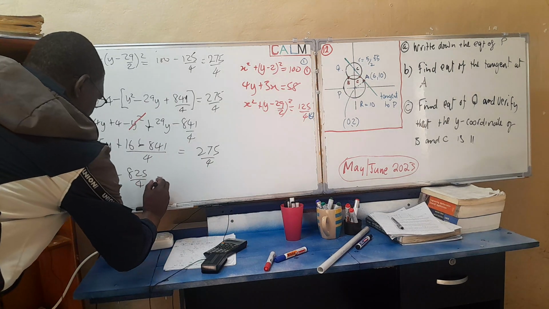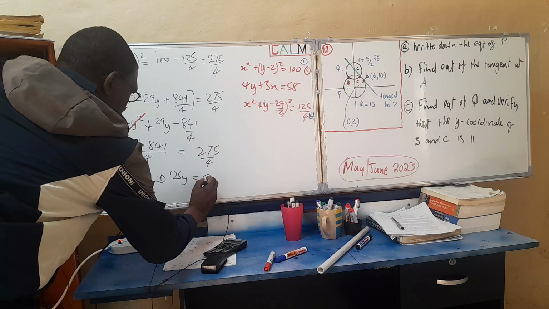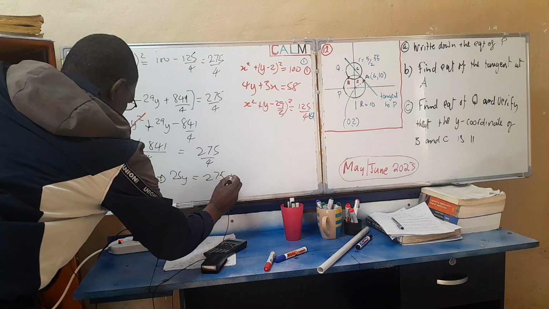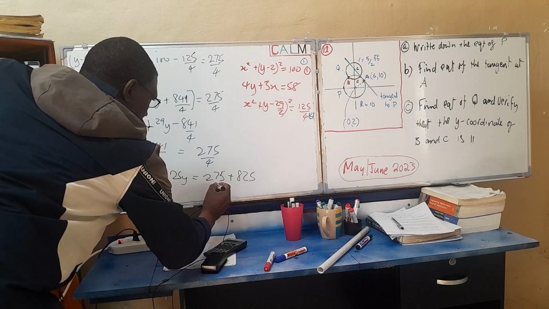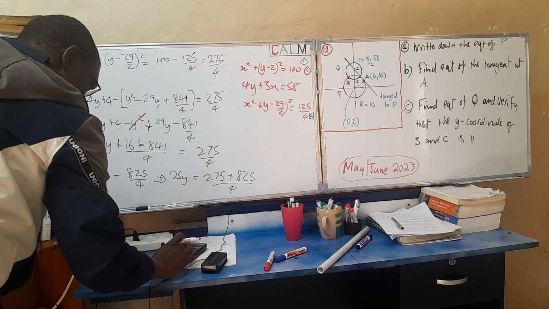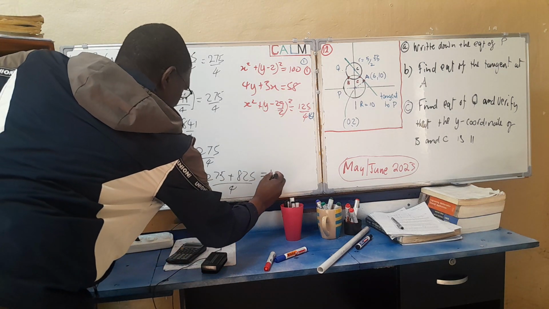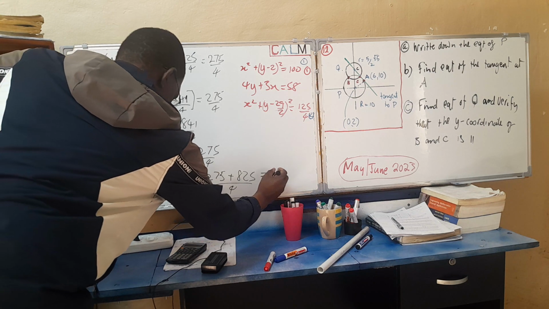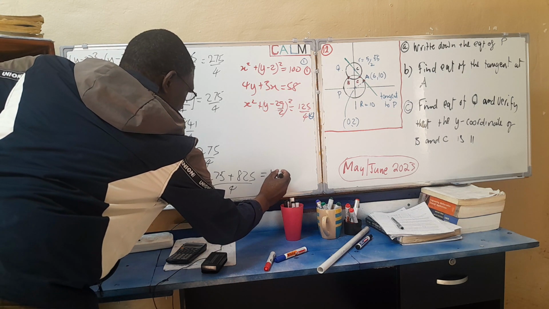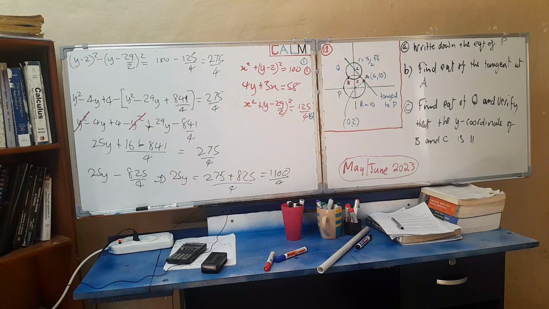This implies 25y is equal to 275 plus 825, all divided by 4, because this was already divided by 4. So 825 plus 275 is 1100, divided by 4.